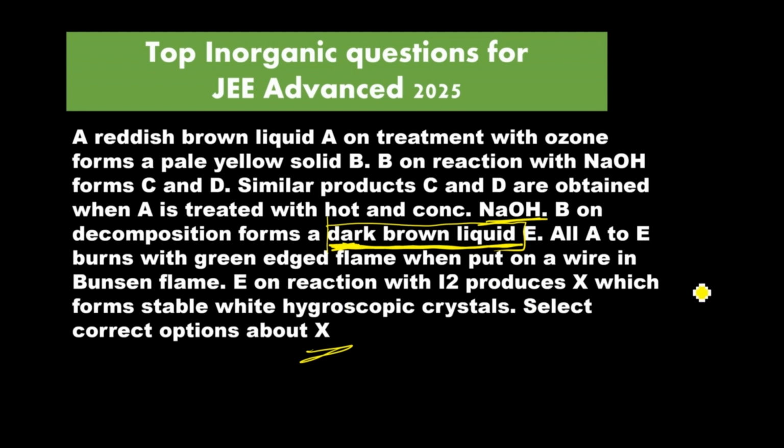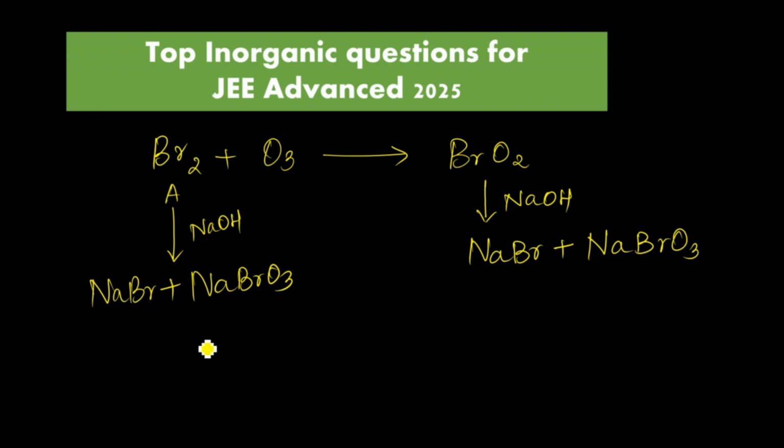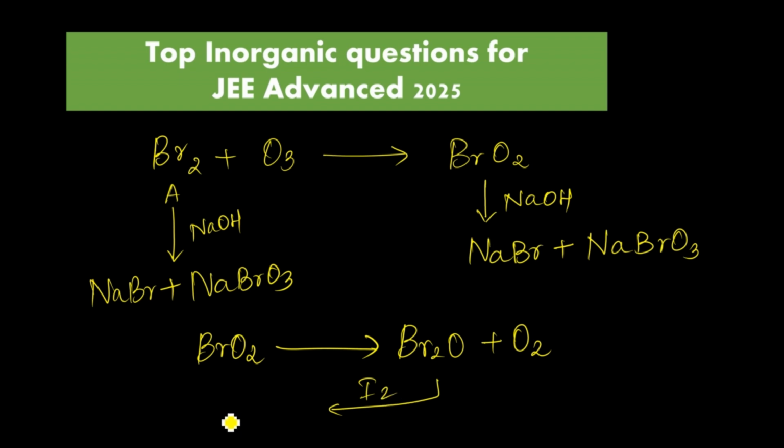E on reaction with I2 produces X. E upon decomposition gives Br2O with O2, which is dark brown, and this with I2 gives I2O5, isn't it? With 5Br2. So our main culprit X over here is I2O5.